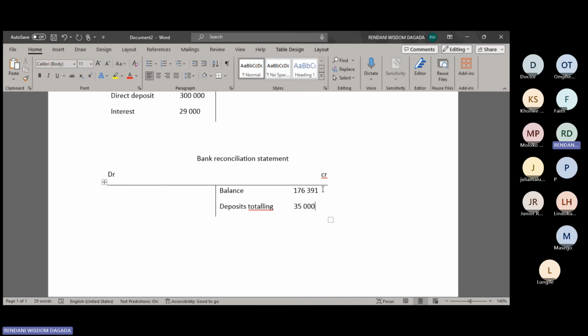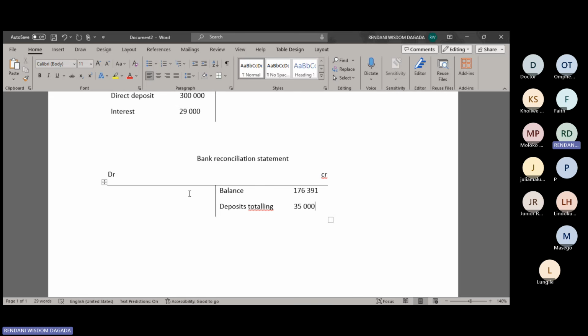So number 4, it's an error. Why is it an error? It's an error because trust banking charges cannot be charged on the trust banking account. They must go to the business. That is an error. So the bank debited your trust banking account with trust banking charges of 20,000. So this amount was supposed to be on the debit side because they said debit. They can either say debit or just give you a clue.